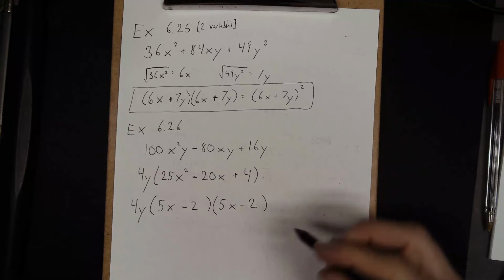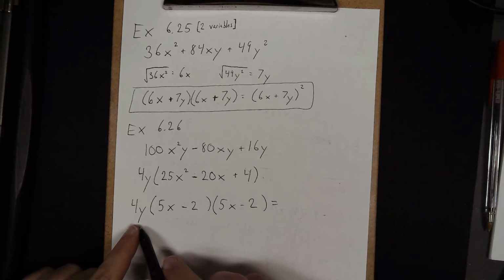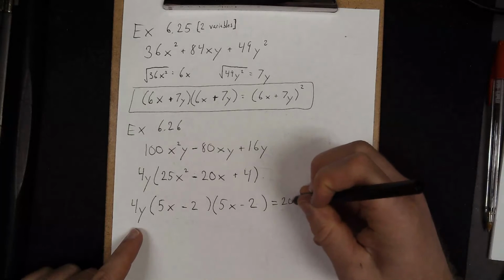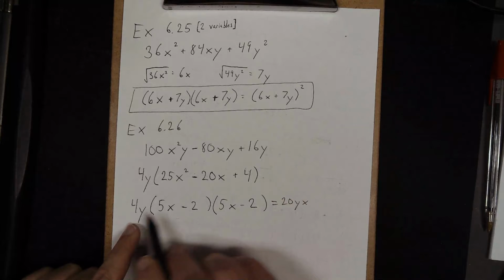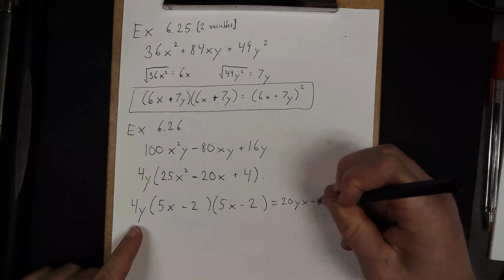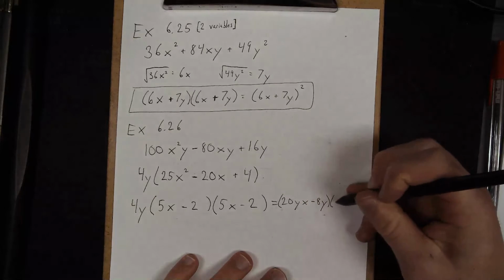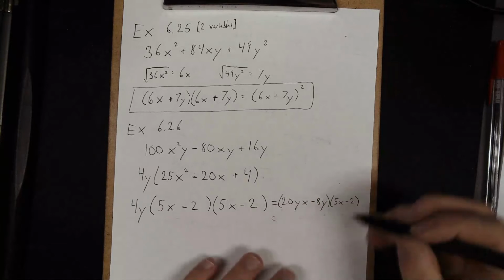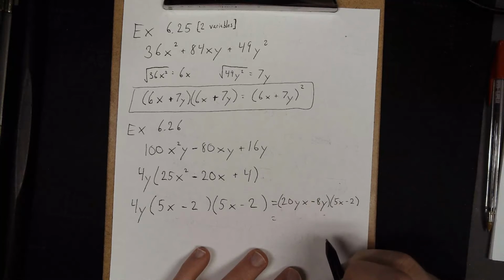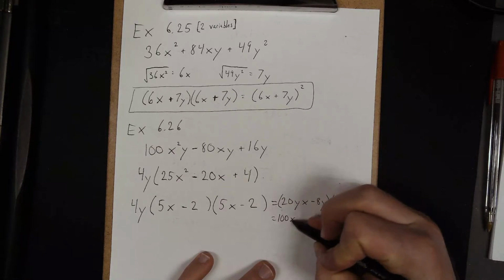Okay, so if we want to check our answer here, which we will, we'll take 4y times 5x minus 2. Okay. And we have 20yx times 5x, and we end up with 100x squared y.